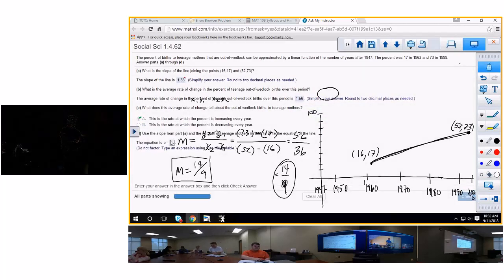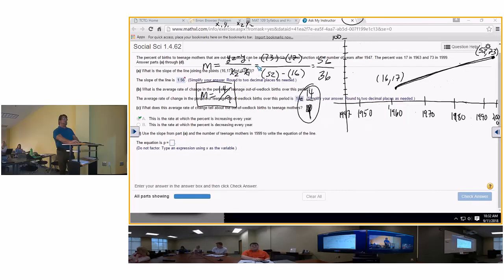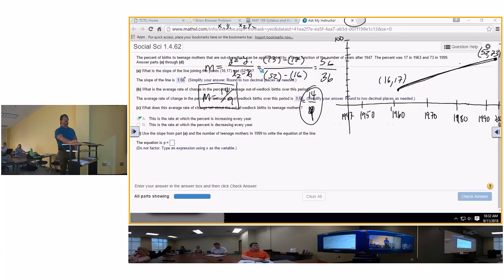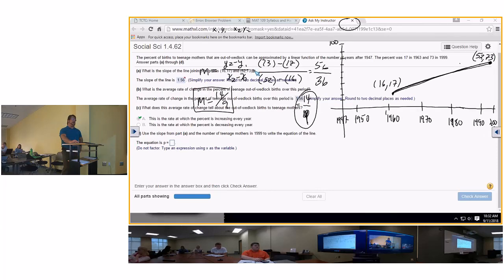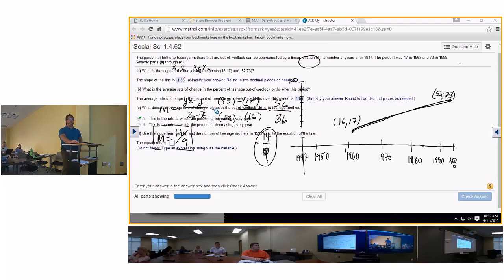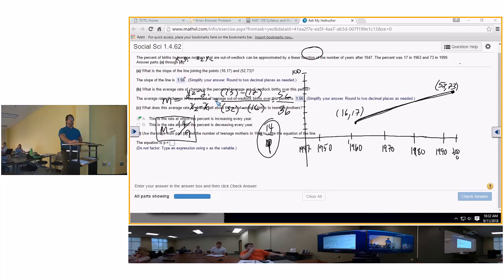Use the slope, blah, blah, blah. There's the prediction. Use the slope from part A and the number of teenage mothers in 1999 to write the equation of the line. All right, do 1999. So that's going to be 52 and 73 and 14 over 9.